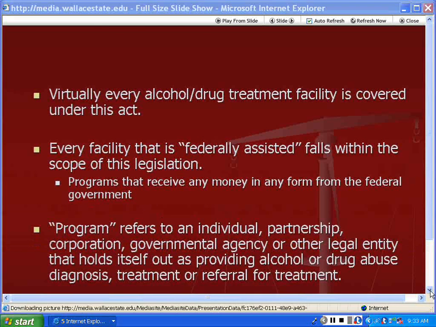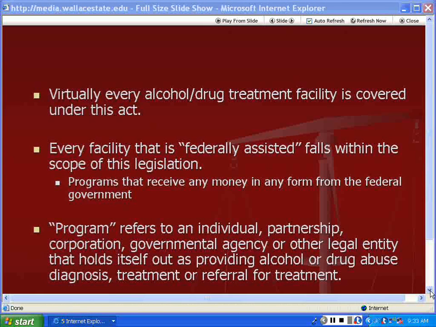Now, I want to point out something here because I remember when I was in the field, this caused some confusion initially, and you will find at different facilities the way this is interpreted is different. What they're talking about as a program is actually a place that provides treatment. I think I've told y'all many times I used to work at an alcohol and drug rehab hospital. It provided those services and mental health services.